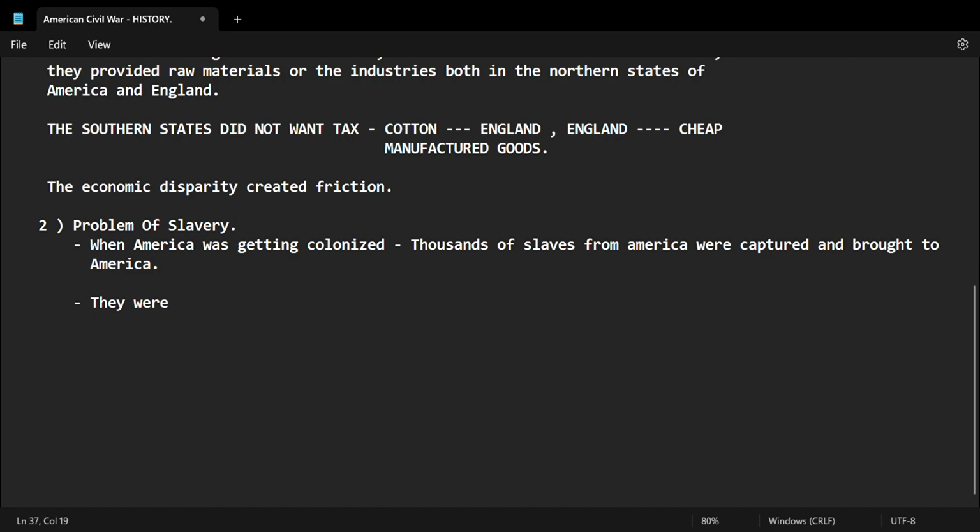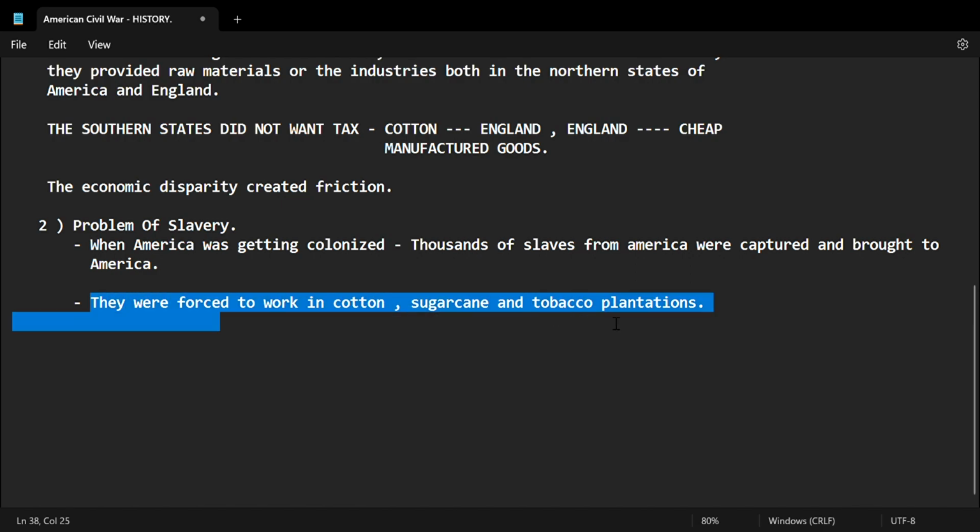They were forced to work in cotton, sugarcane, and tobacco plantations. So in that time, the people actually bought slaves. So like that, they were forced and they bought slaves. They were forced to work in cotton, sugarcane, and also tobacco plantations.